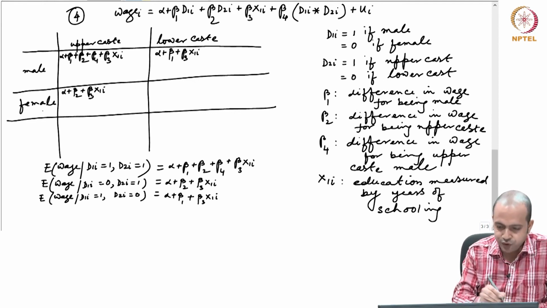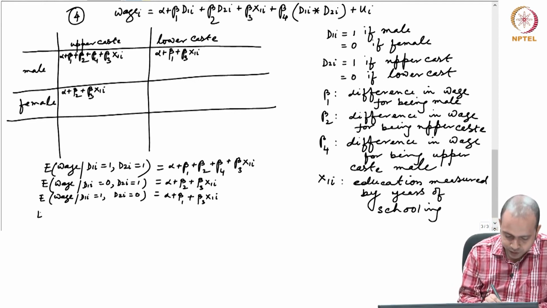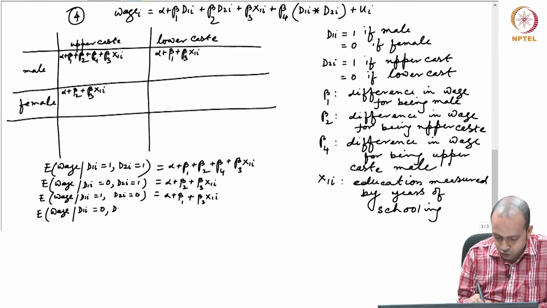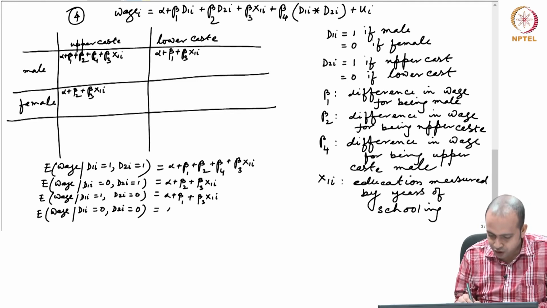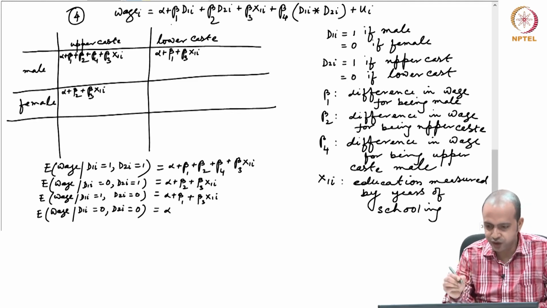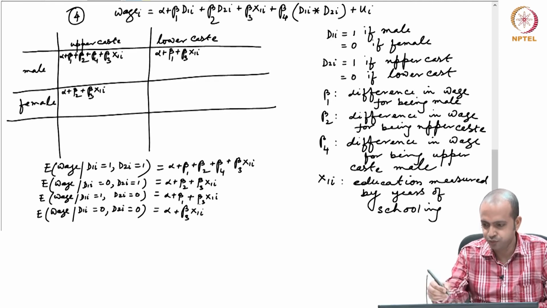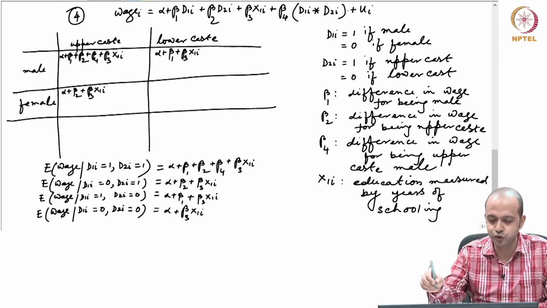And for female and lower caste, that means expectation of wage when D1i equals 0 and D2i is also 0, that would become alpha plus, beta 1 will vanish, beta 2 will vanish, and beta 4 will also vanish because I put D1i and D2i both equal to 0.